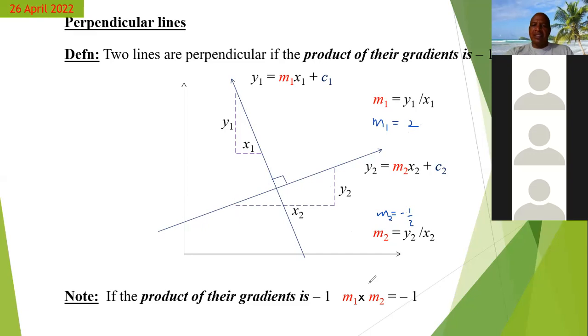Now you can see that when we multiply the two gradients, M1 times M2, we will have 2 times negative 1/2.